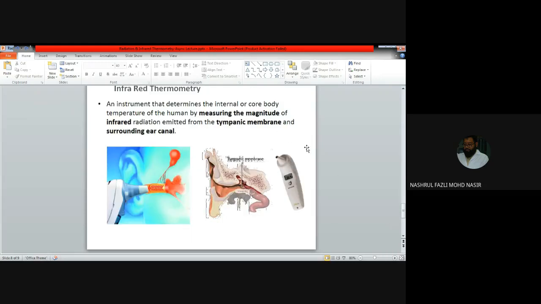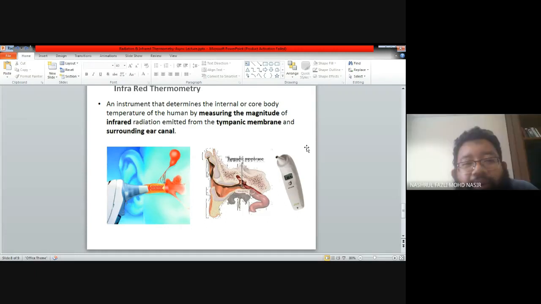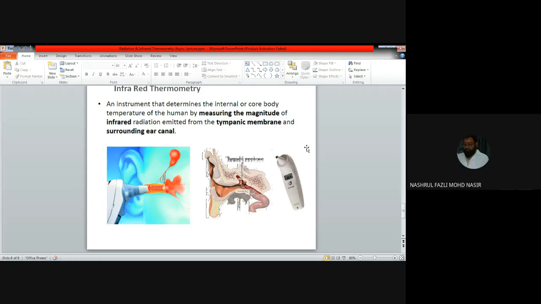We go to the final part of the AC lecture, which is about infrared thermometry. It is an instrument that determines the internal or core body temperature of the human by measuring the magnitude of infrared radiation, which is also a type of radiation, emitted from the tympanic membrane and surrounding ear canal. The one just now is 100% contactless.